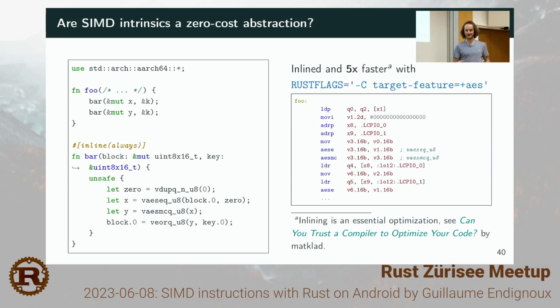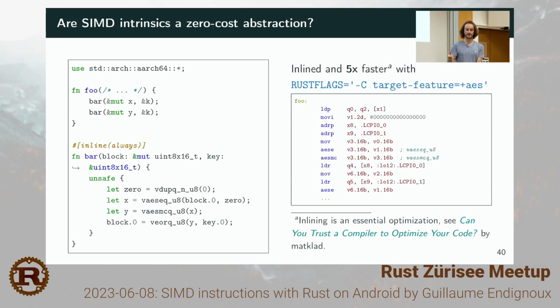I think it really highlights the fact that inlining is an essential optimization of a compiler. There was a recent post by Matt Klad I encourage you to read, which was also sort of speaking about SIMD in a way.